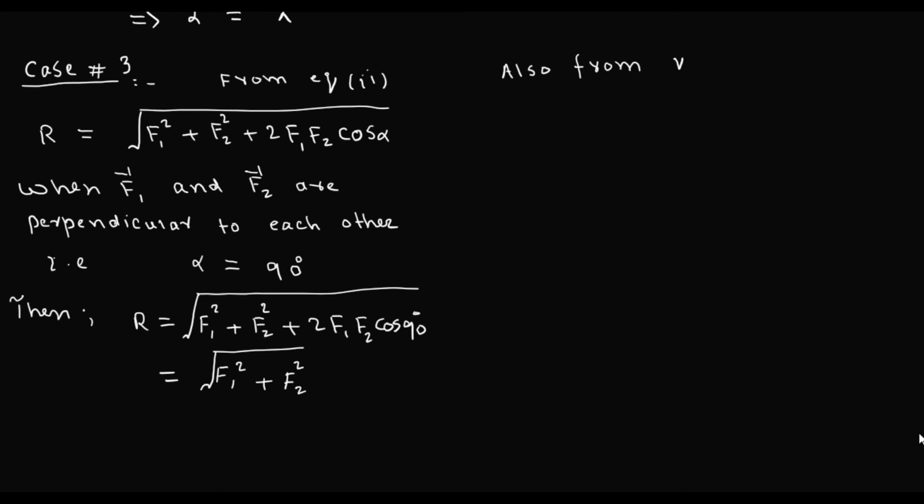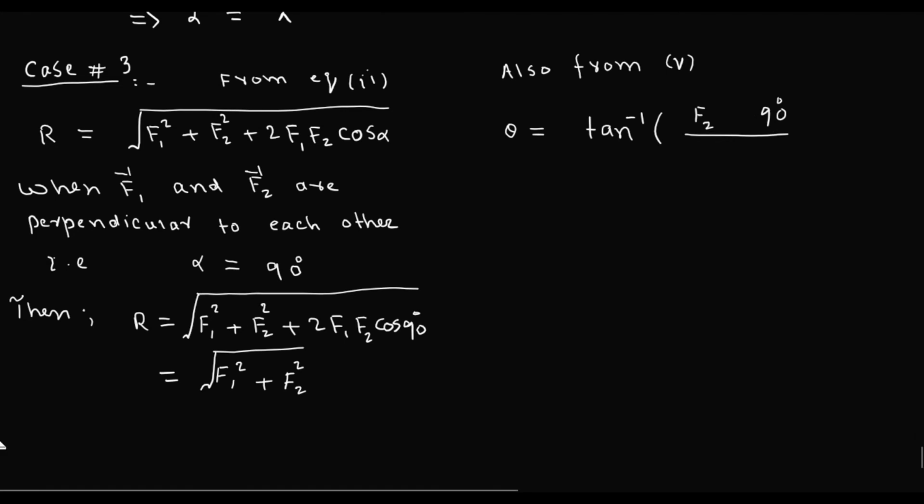Also from equation 5 we can write theta is equal to tan inverse of F2 sine 90 degrees divided by F1 plus F2 cos 90 degrees.